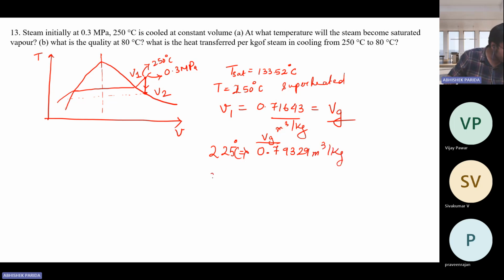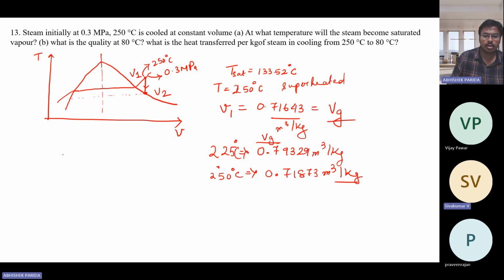At 250 degrees Celsius, 0.71873 meter cube per kg. So it will be falling somewhere between these two, and we can say that it will be closer to 250 degrees Celsius.